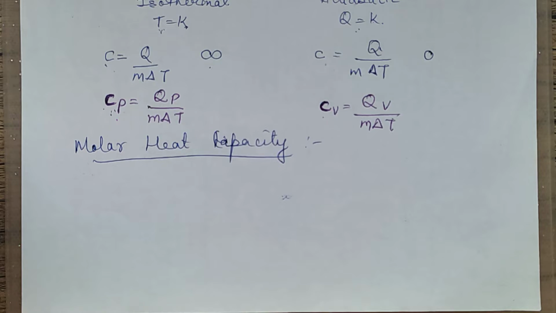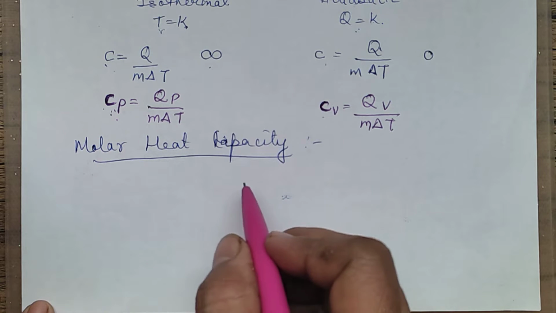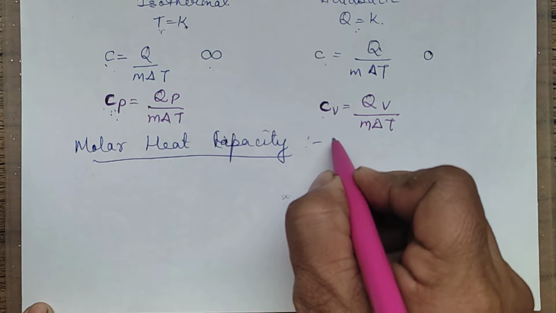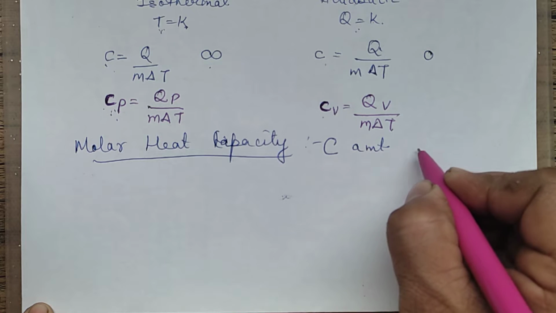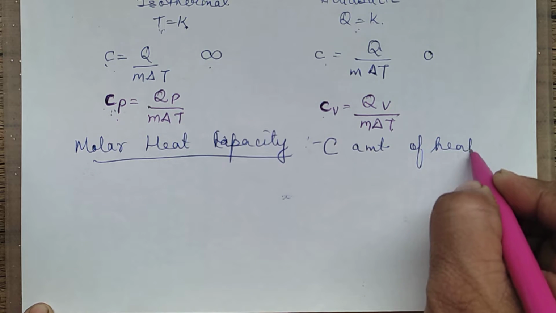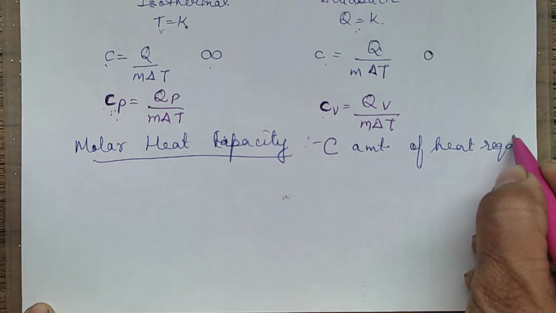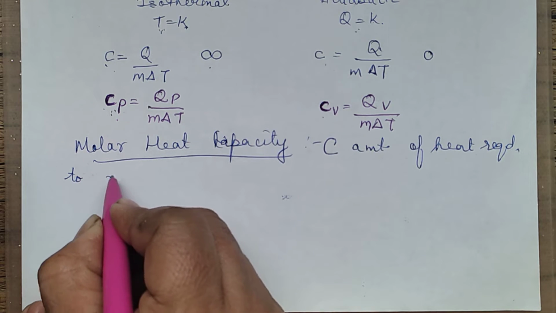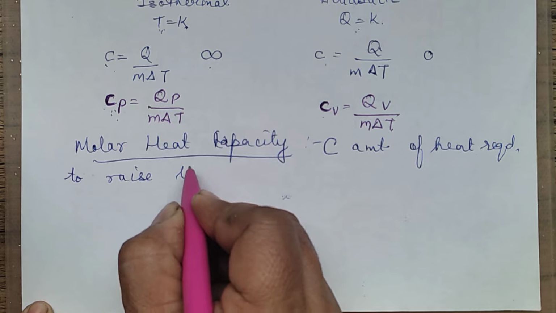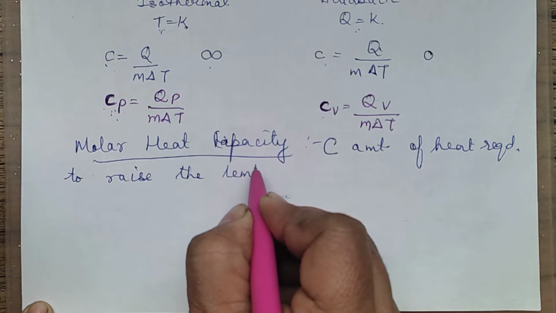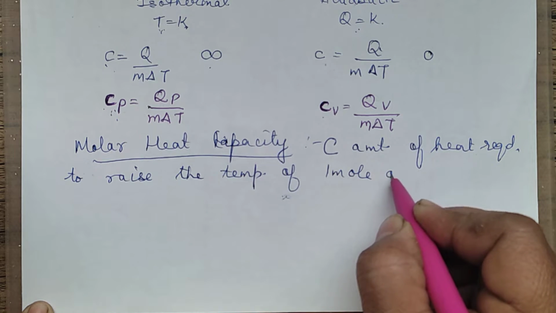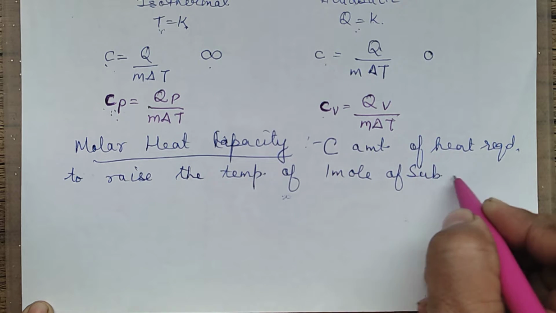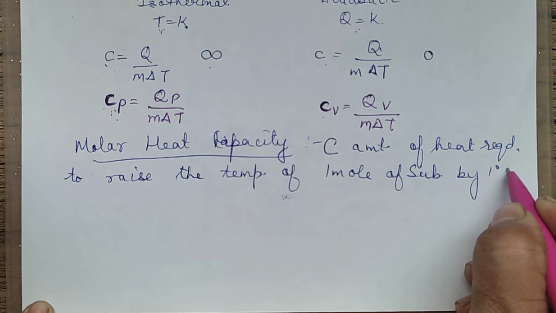Now moving on to another term, that is molar heat capacity. Molar heat capacity we write with the capital letter C, and we define this as the amount of heat required to raise the temperature of 1 mole of substance, instead of 1 gram, by 1 degree Celsius.